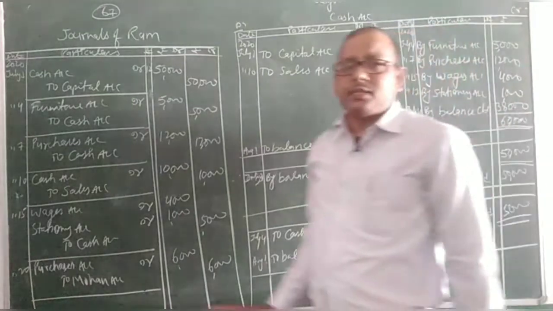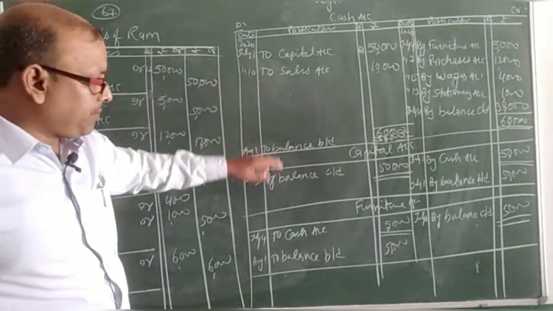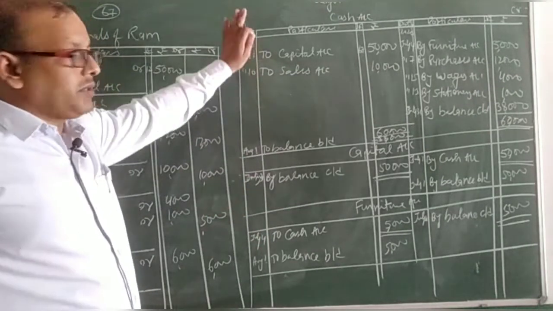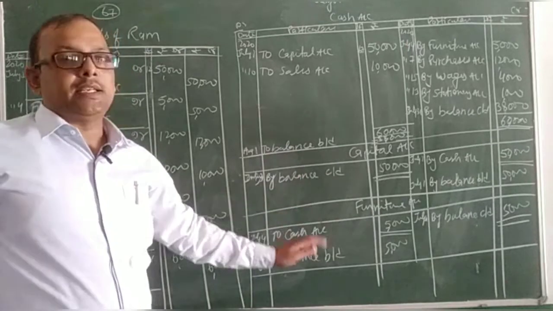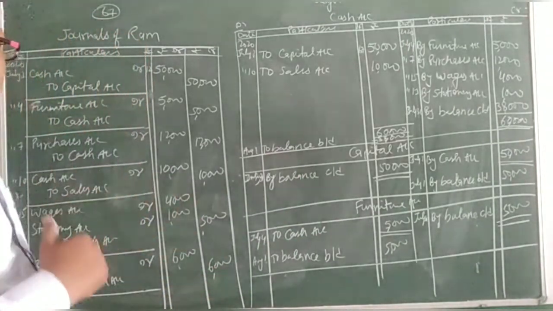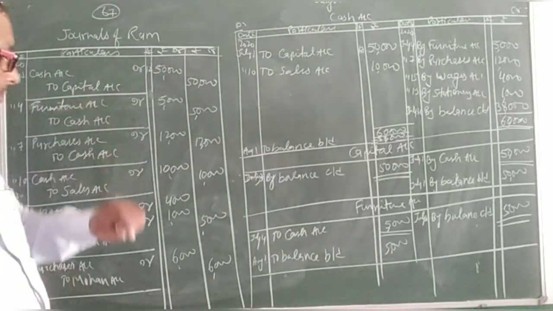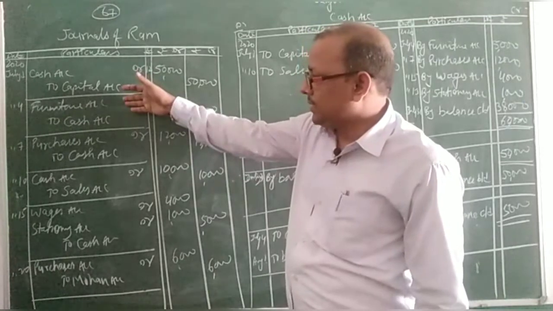Like this only we have to open all the ledger accounts. I have opened three accounts: cash account, a real account; capital account, a personal account; and furniture account, a real account. In this way we have to prepare the other accounts also. I have opened up to furniture.